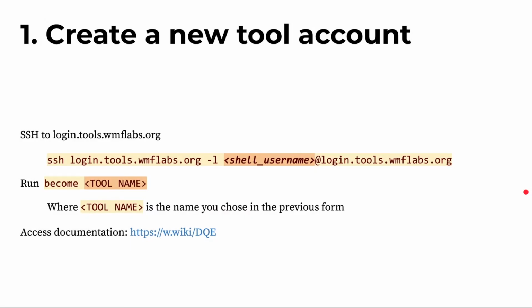After that's done, we will SSH into the login.tools.wmflabs.org URL. We will use as the login account our Toolforge account name, and we have to substitute it here. Once we have successfully logged in, we have to run become and the tool name, with the tool name that we used in the form before when we created the tool account.